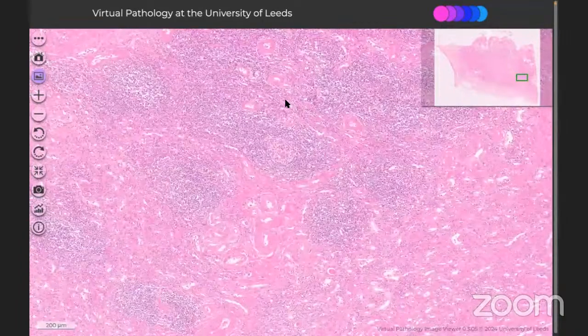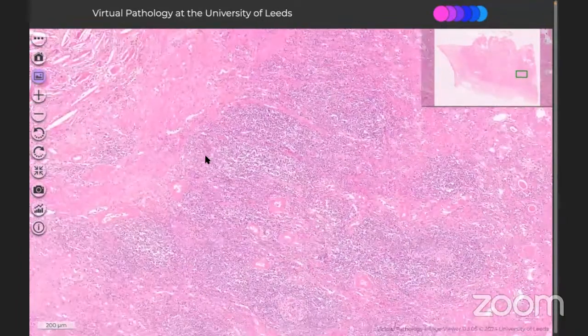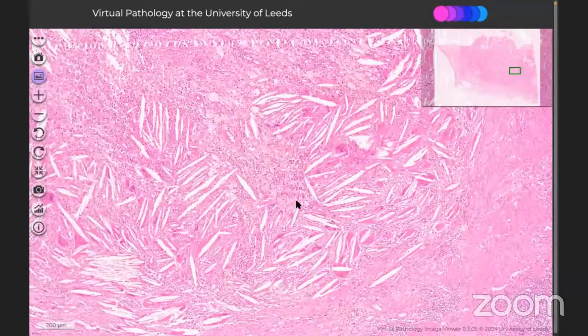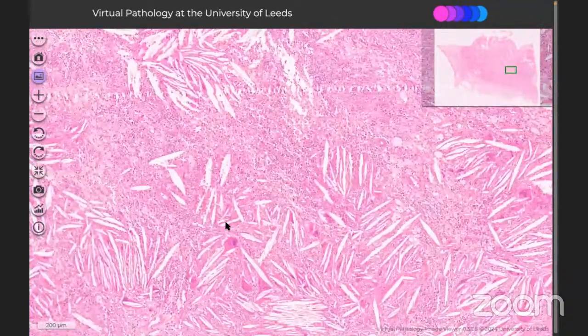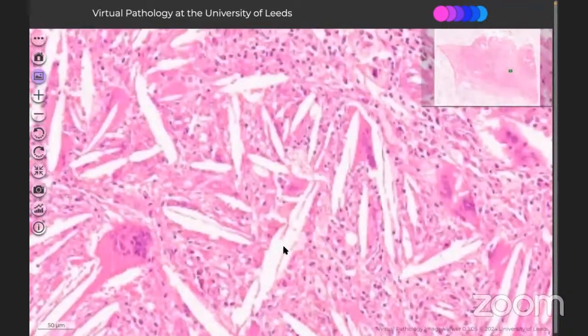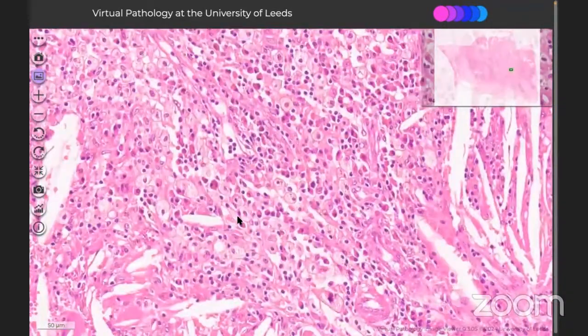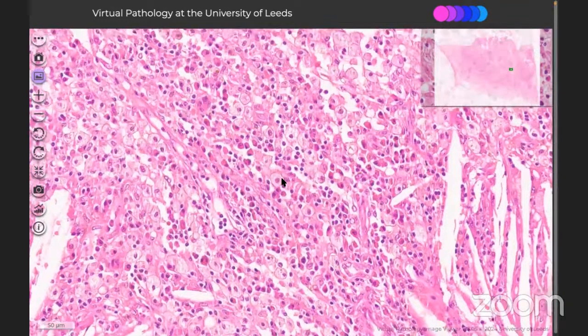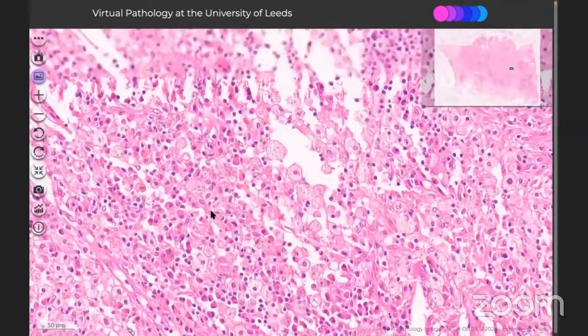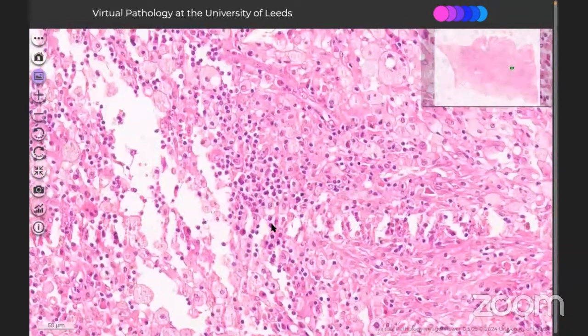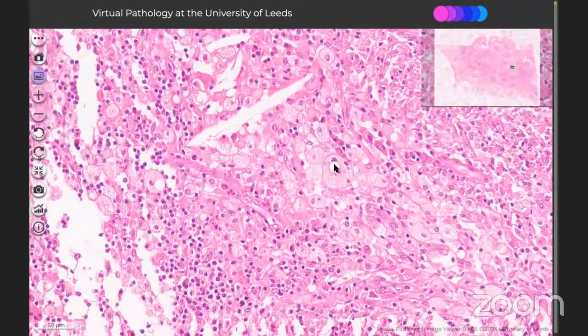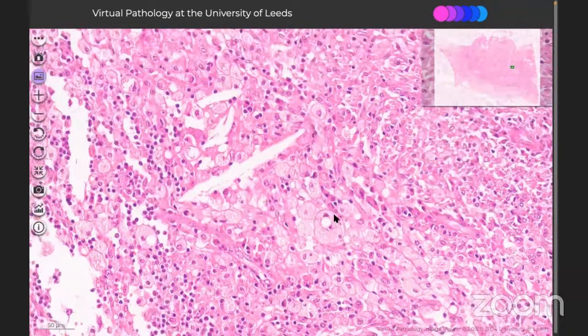These are the germinal centers, and there is an area which has pathological features with cholesterol clefts, lots of lymphoplasmacytic cells, and foam cells. Few of the foam cells have pigment also. This brown pigment is actually a telltale sign of hemorrhage in the lesion. A few of them have multiple nuclei, so this is a giant cell.